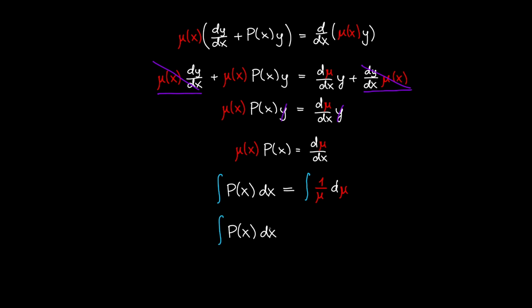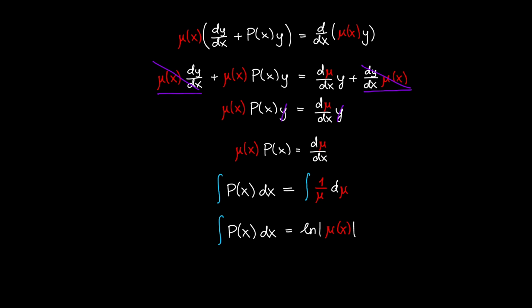On the left, the integral just stays because we do not know the function p. On the right-hand side, however, what we get is the natural log of our mu of x function. For now, I'm going to exclude the plus c, simply because we're trying to get an arbitrary result and not a specific one.